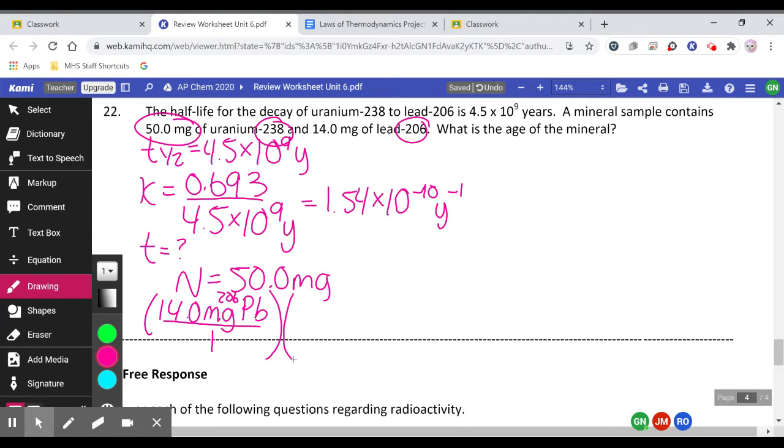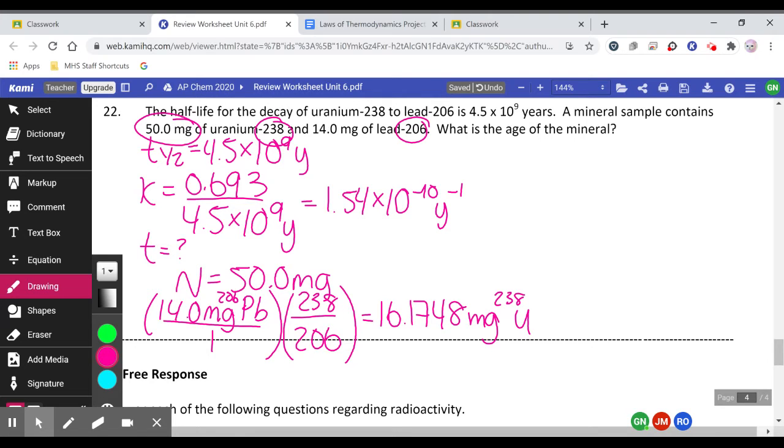And so the lead will get the 206. We need the one for uranium on top. Okay, and so we get 16.17, I put probably too many decimals there, 1748 milligrams of our 238 uranium. Okay, so that's just the amount that the lead used to be before the decaying process.